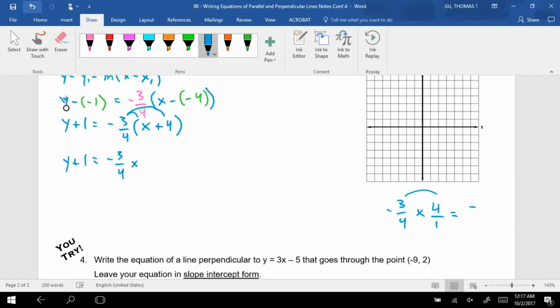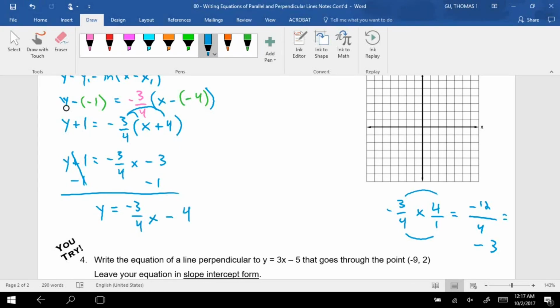That's negative 12. And what's 4 times 1? That is 4. Now we're going to simplify, so negative 12 divided by 4 is negative 3. Then we're going to move the constants to one side, so we're going to subtract 1 from both sides. That means our final equation will be y equals negative 3 over 4x minus 4. And now we have it in y equals mx plus b form.